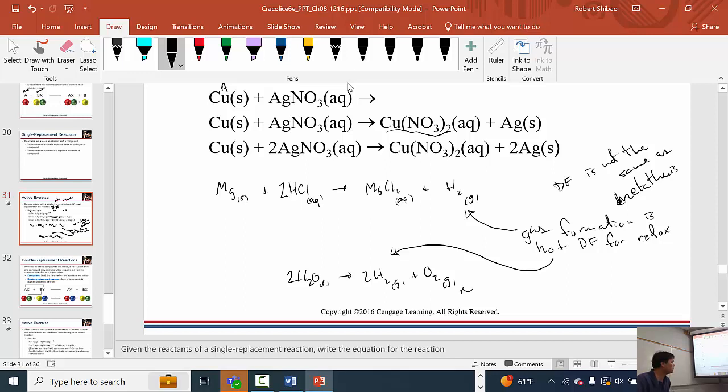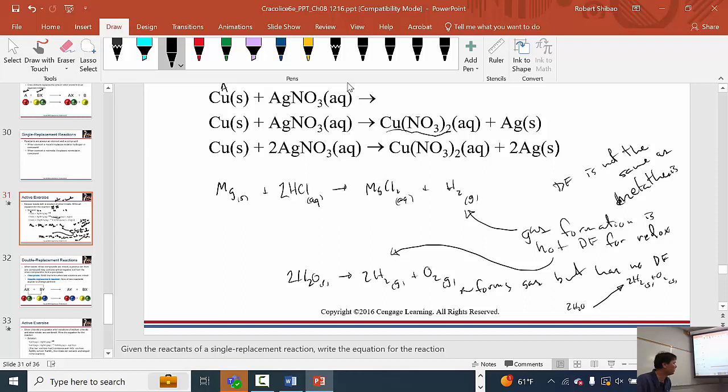This reaction forms a lot of gas but has no driving force. This is uphill. To have a driving force, we need to go downhill.